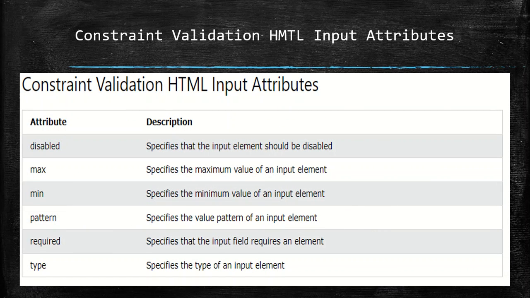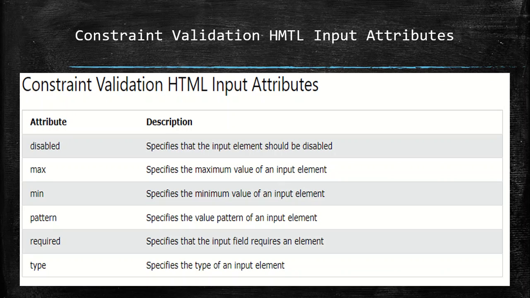With the constraint validation HTML input attributes, the first attribute is disabled, which specifies that the input element should be disabled. Max specifies the maximum value of an input element.